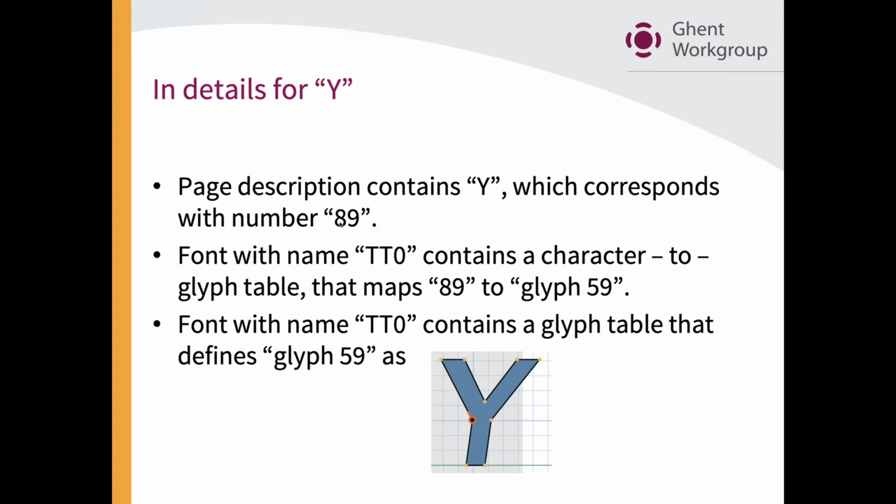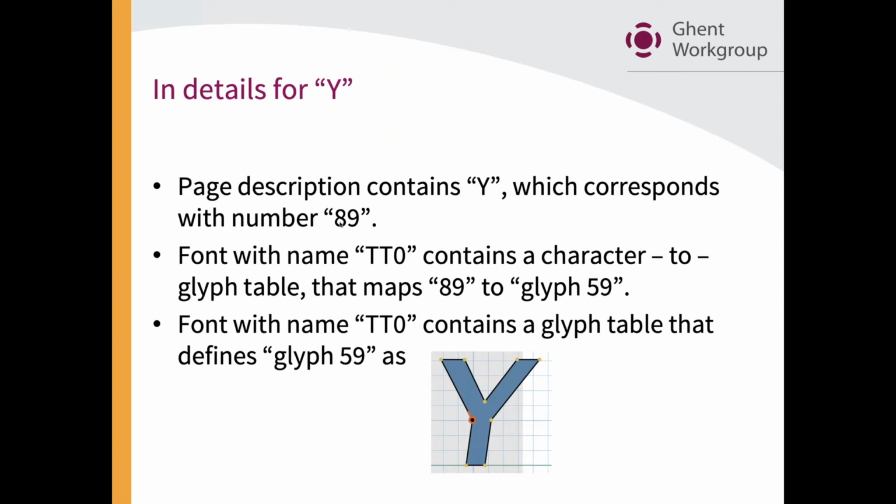So how does that number in the page description lead to a particular glyph? Well, that font that is the active font contains a table that maps characters to glyphs. So it maps that number 89 that we see in the page description to glyph number 59 in the font.